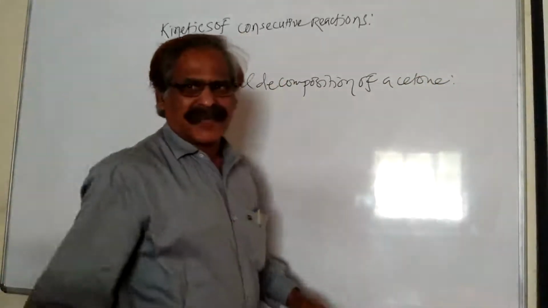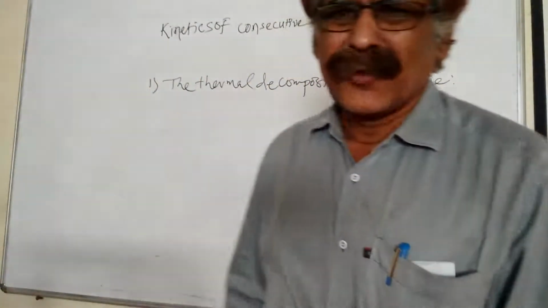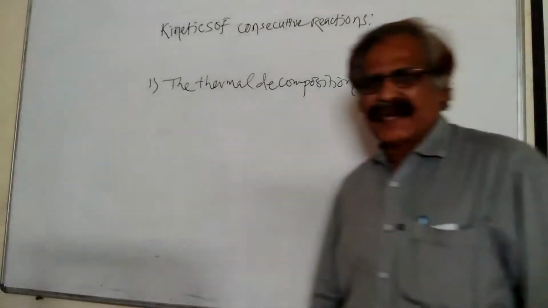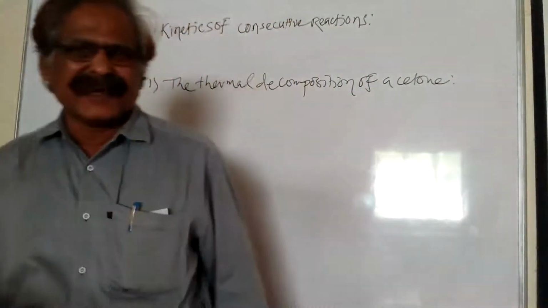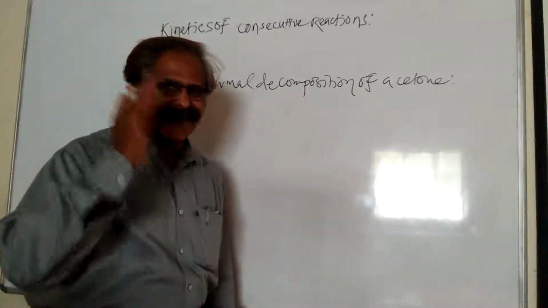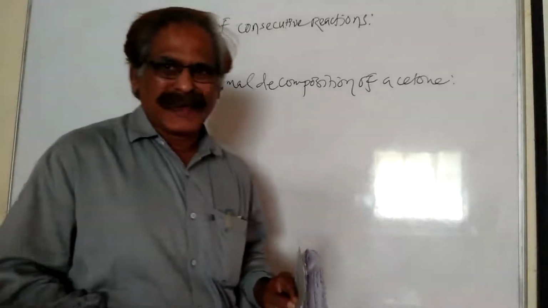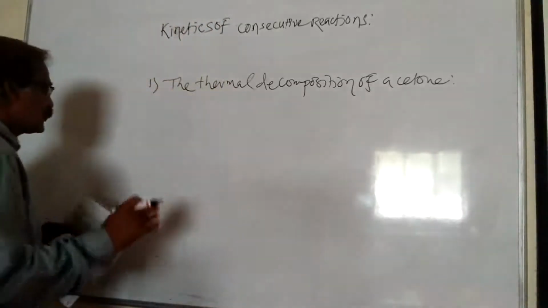This is the best example of consecutive reaction or sequential reaction. The thermal decomposition of acetone occurs in two stages. Let us see how thermal decomposition of acetone takes place in two stages.